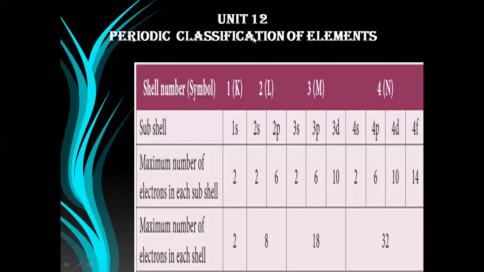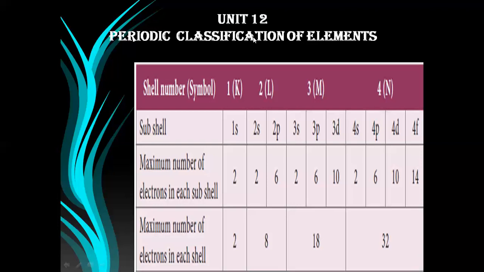The subshells are S, P, D, F, all present in the N shell. S has 2, P 6, D 10 and F 14. Totally 32 electrons are present in the N shell. These are the shells and subshells, and the electrons present in them.